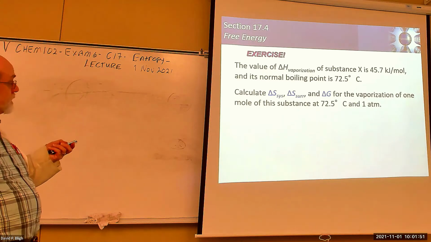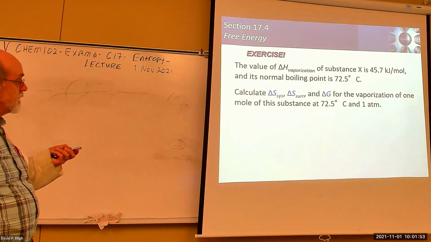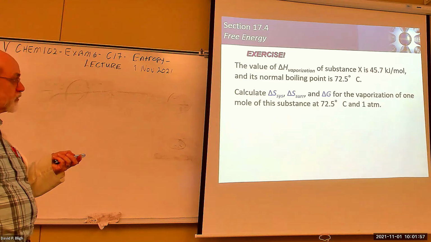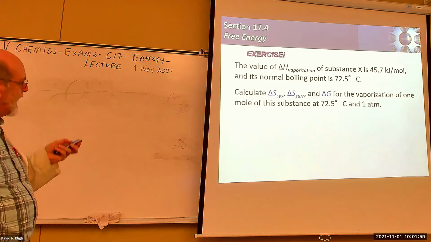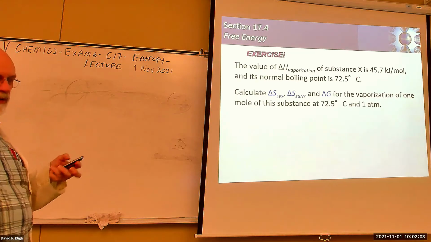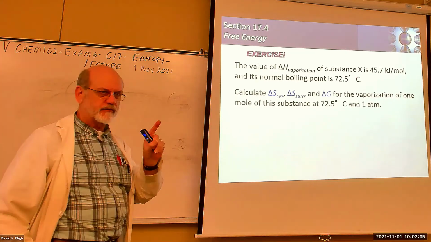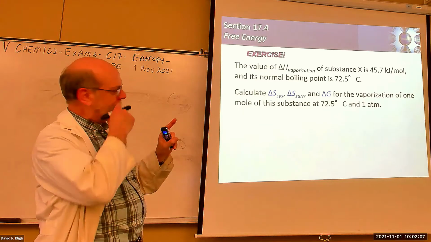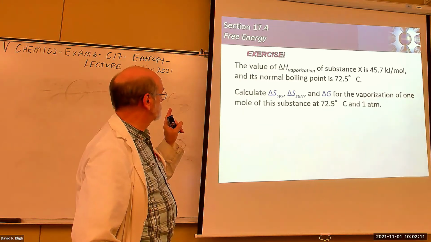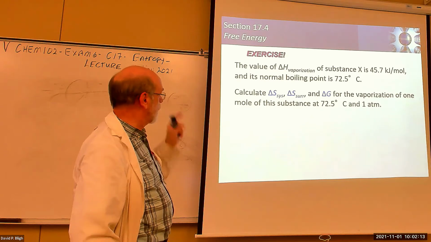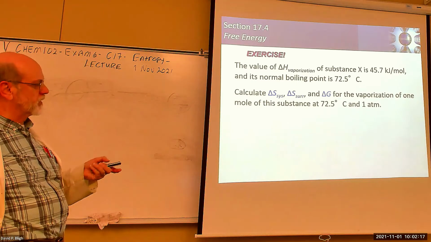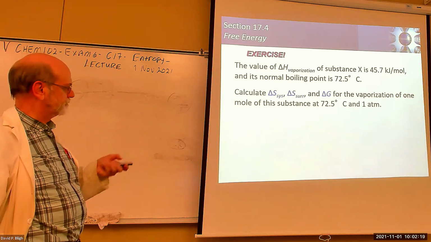So let's see, the value of delta H of vaporization of a substance is 45.7 kilojoules per mole, and its normal boiling point is 72.5 degrees C. Normal boiling point is 1 atmosphere pressure. We can't say normal temperature because temperature is different.